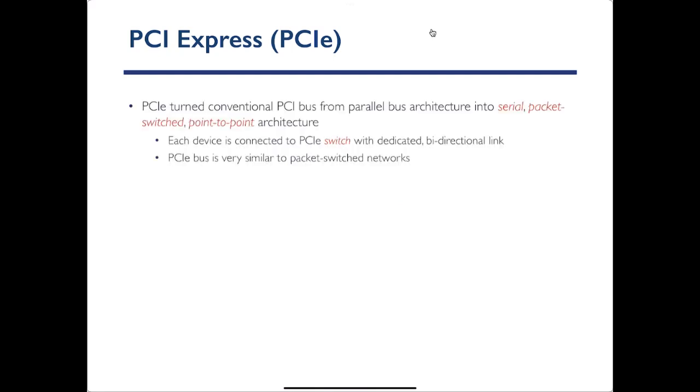So PCI Express was an extension to PCI, and what happened was that they moved from parallel buses to serial packet-based buses and switches that would allow point-to-point communication, peer-to-peer communication between different endpoints, between different devices connected to the bus.